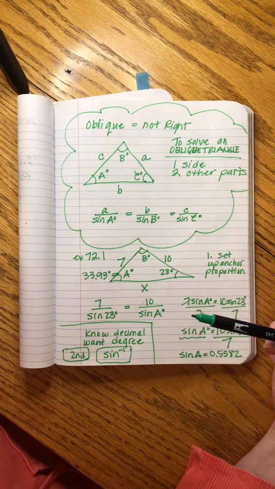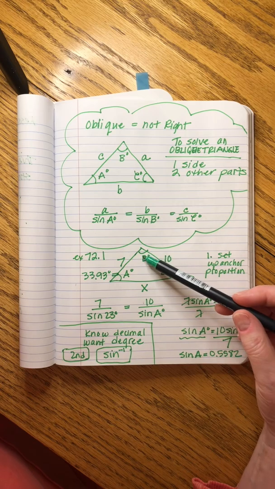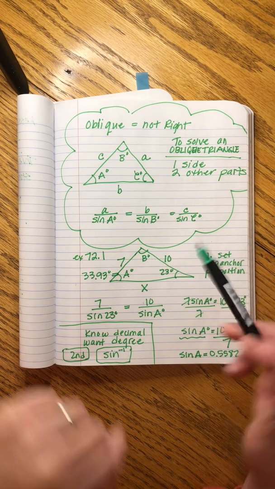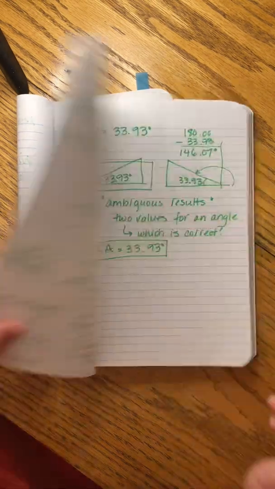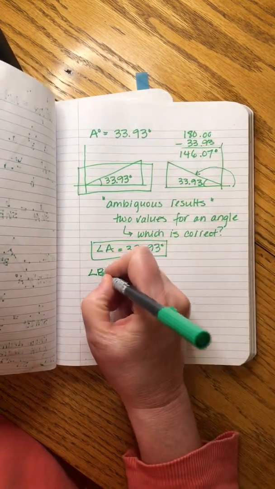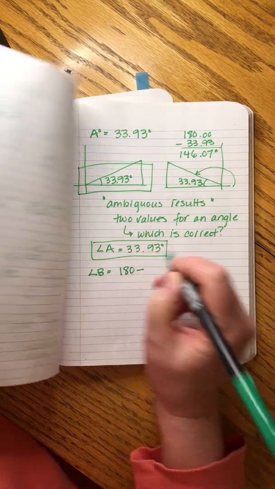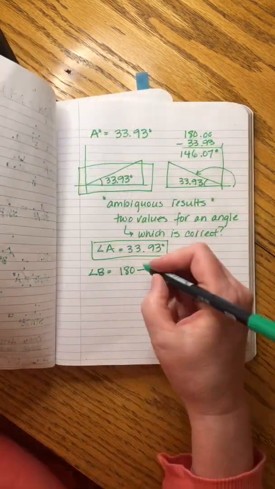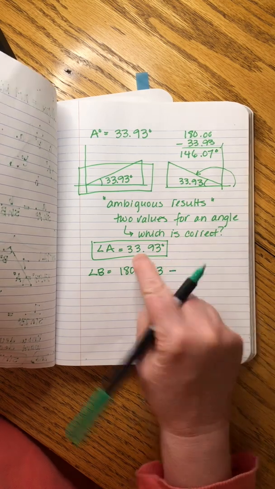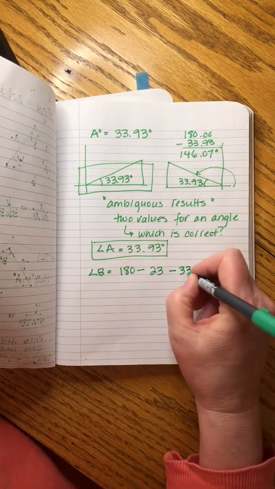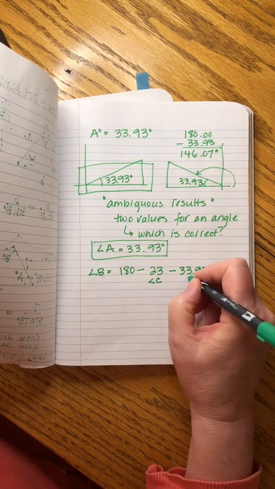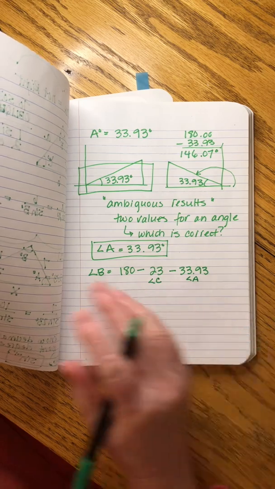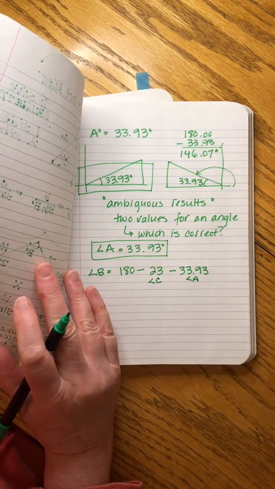Now we need to find angle B, and that's pretty easy because we've got 2 of the angles. So we can say that angle B equals 180 minus the 23 degrees that we were given, minus the 33.93 that we found for angle A. I'm calling the given angle C; we never called it that because we were given it.